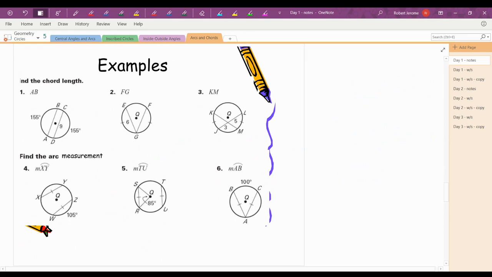So something like number 1, we're looking for the length of segment AB. Well, since the arcs are congruent, then those chords have to be congruent, which means it's simply 9. Let's look at number 3. Here's our chord. That chord is 8. So LJ is 8. And look at its arc.